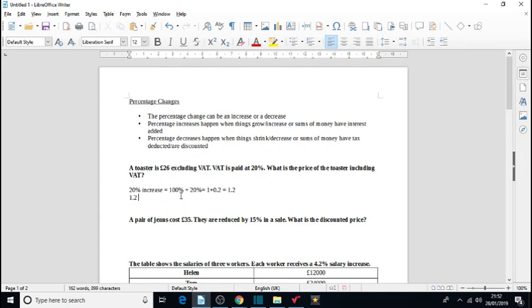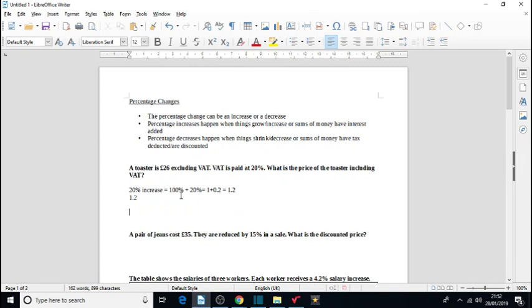So now we have our multiplier. We're going to multiply it by our value, 26, to find out how much the price of the toaster is, including VAT. So we're going to do 1.2 multiplied by 26, and that is equal to £31.20.